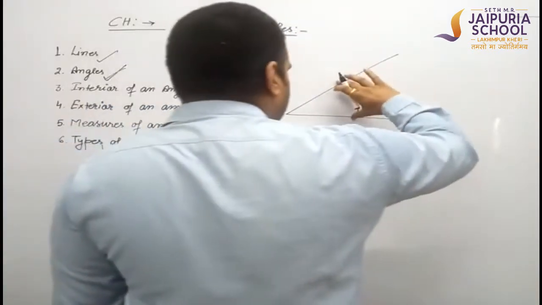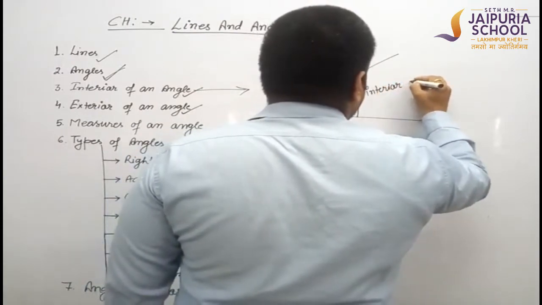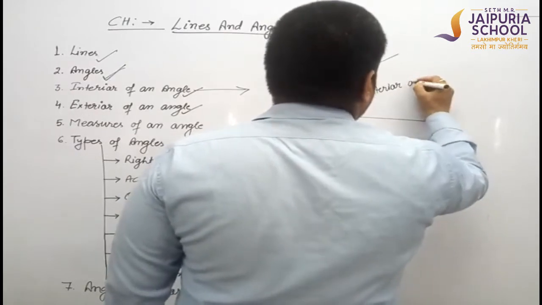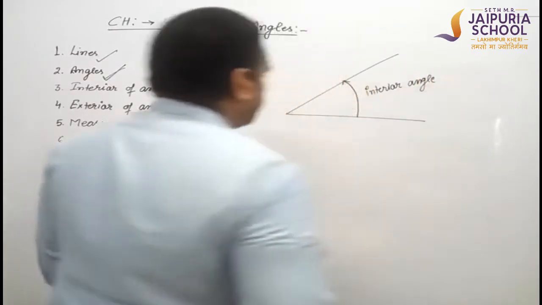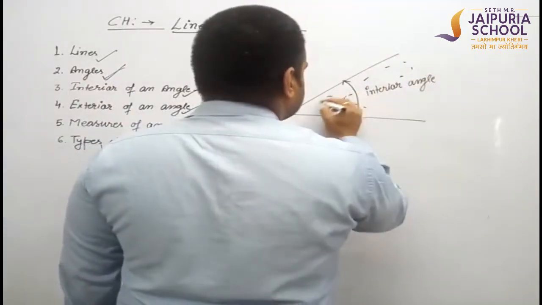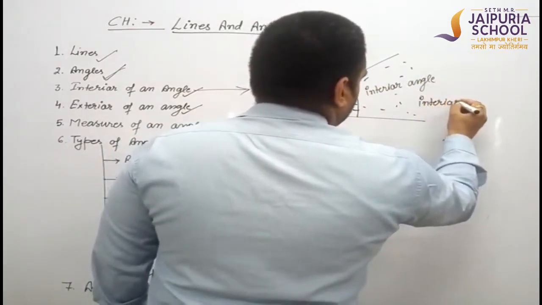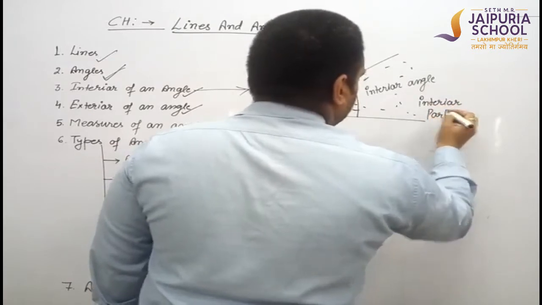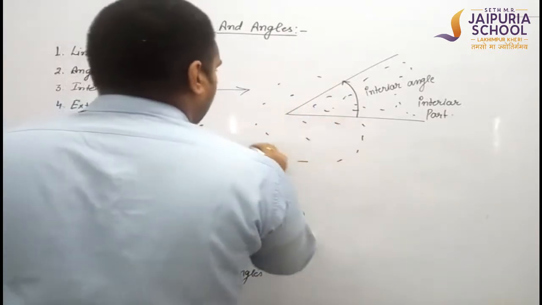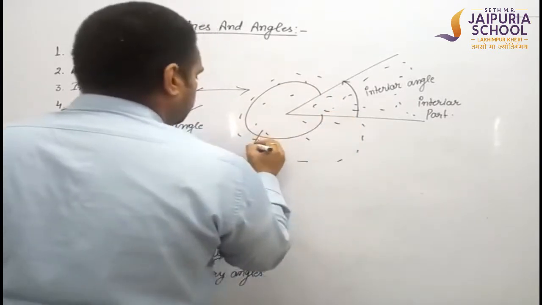The gap between the two rays is called the interior angle, because this is an interior part, all this is an interior part. And now what is this? This is an exterior part here. So this becomes an exterior angle.